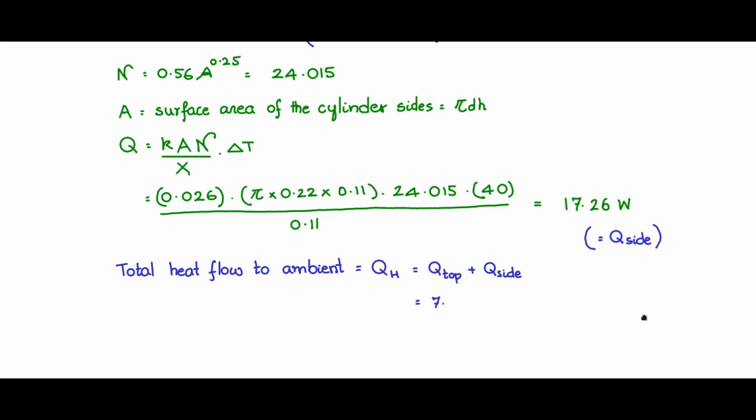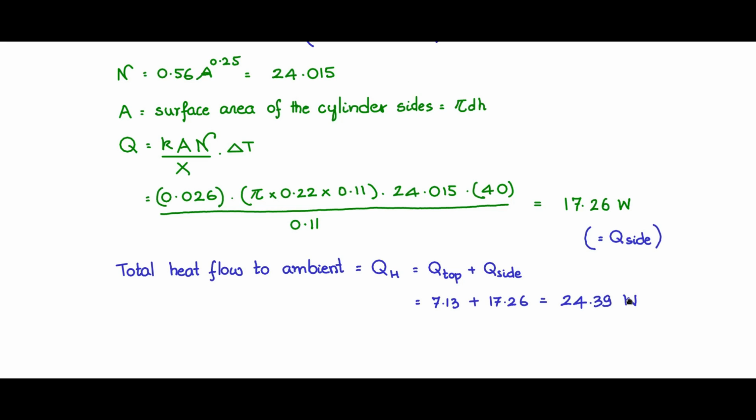So this works out to 7.13 plus 17.26, which is equal to 24.39 watts. So this much is going out of the heatsink, and that is QH.